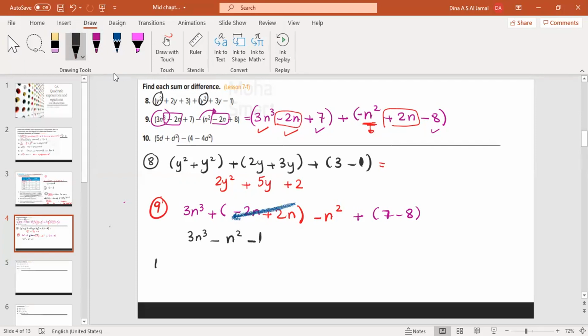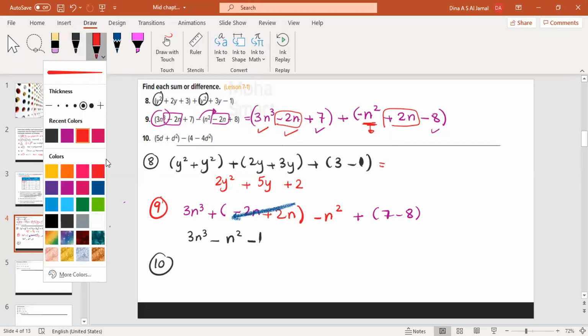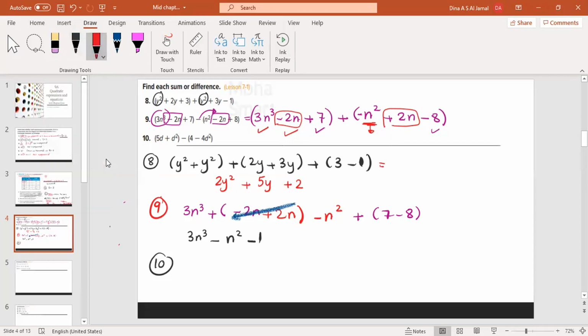Now let's go to 10. Again, the first step when you are having subtraction: whether you distribute it and you take it, or you just change the signs from the beginning. So do whatever you like and whatever is easier for you. 5d plus d squared. Now let's distribute it from the beginning. Minus 4 plus 4d squared.